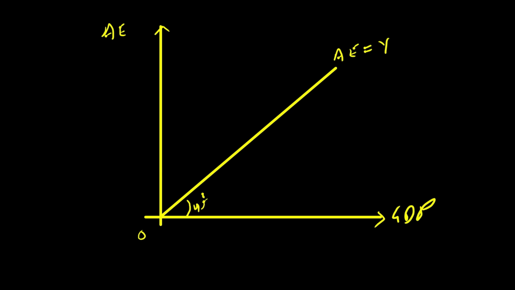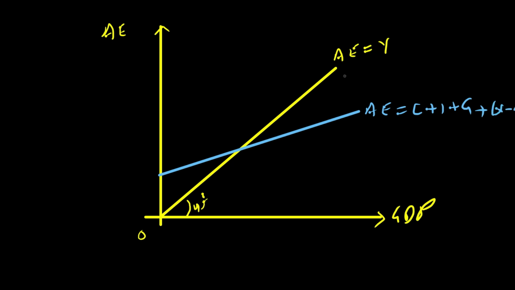Now we have to draw the aggregate expenditure line. The actual aggregate expenditure line looks like this. Aggregate expenditure, AE, is equal to C plus I plus G plus X minus M. So this is the aggregate expenditure line.